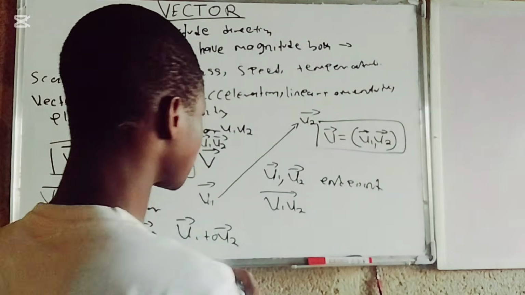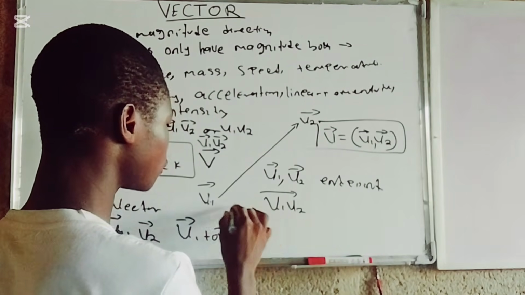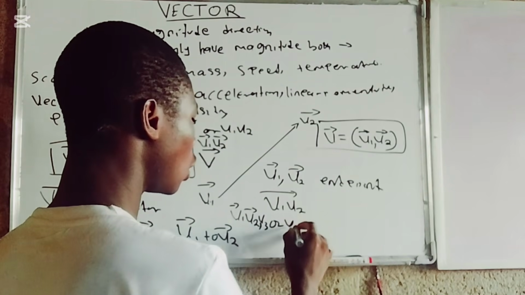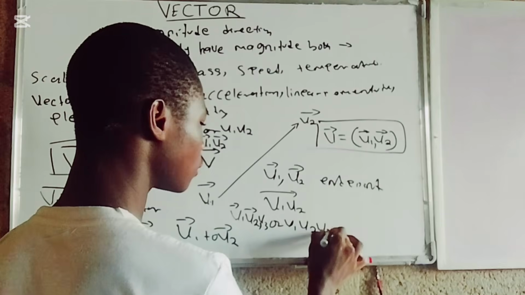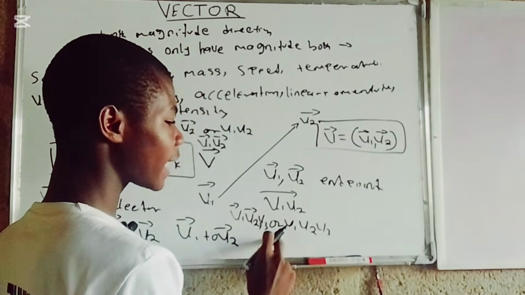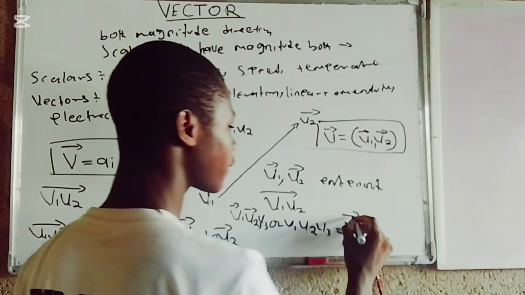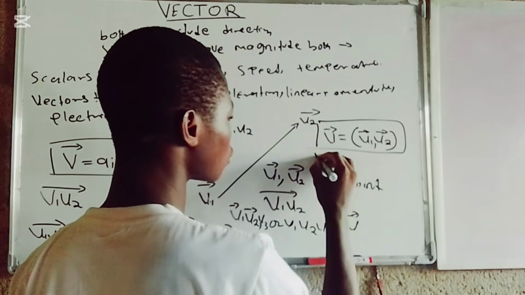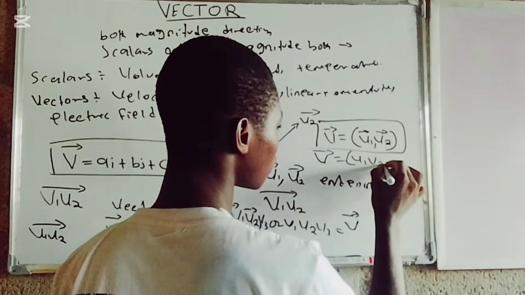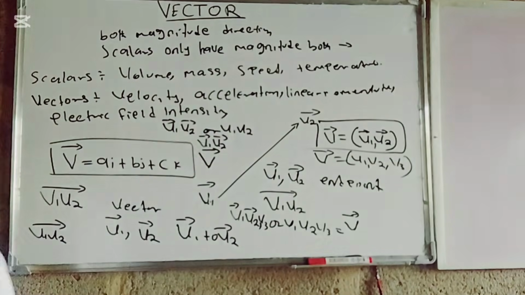Again, if I am to represent a vector in 3 dimensions, I have V1, V2, and V3. All these are the components of this vector, so the vector V is the same as V1, V2, and V3.